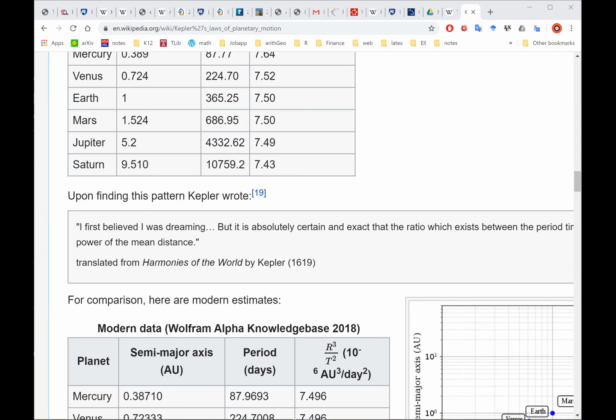Now we have 20 minutes, so maybe let's do some examples of conic sections.